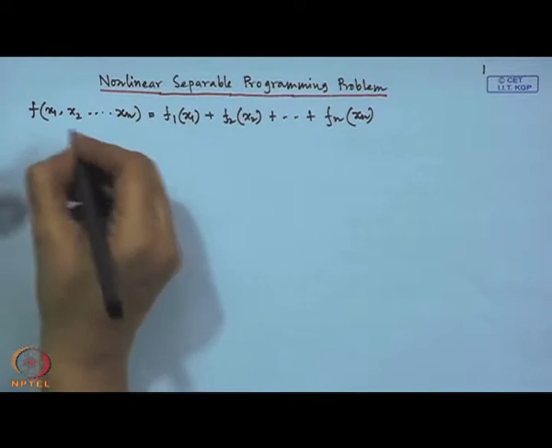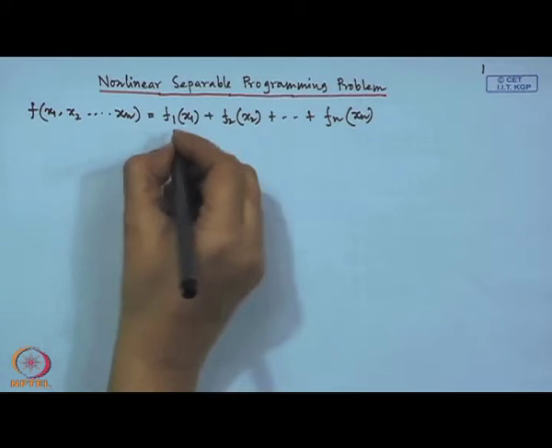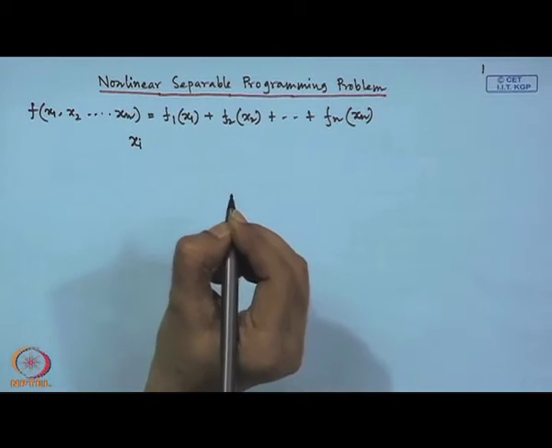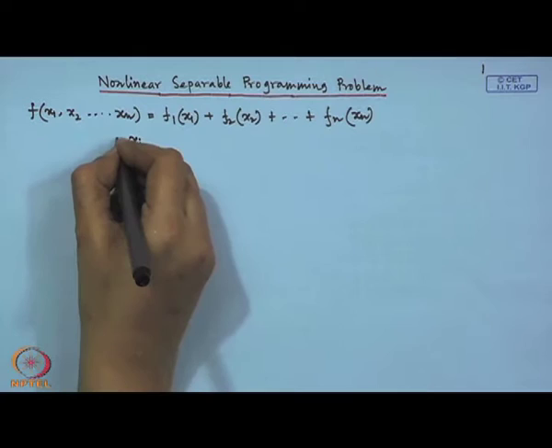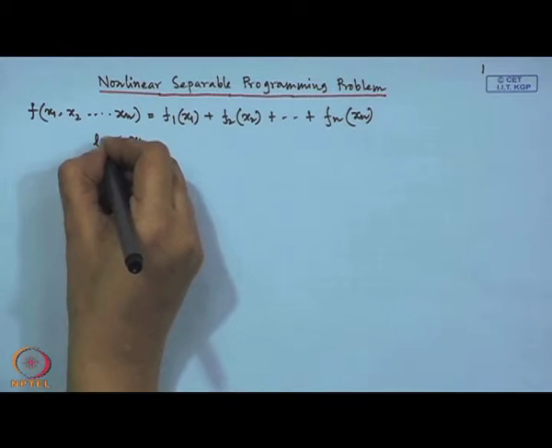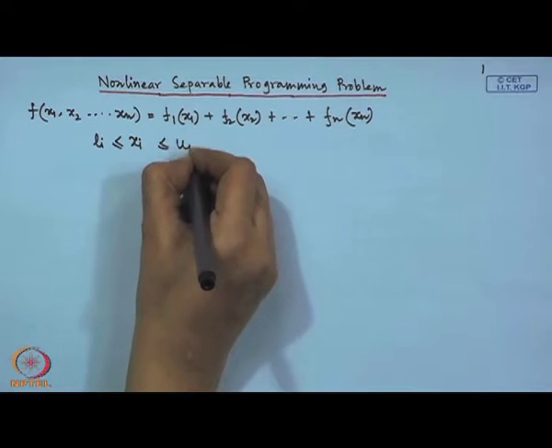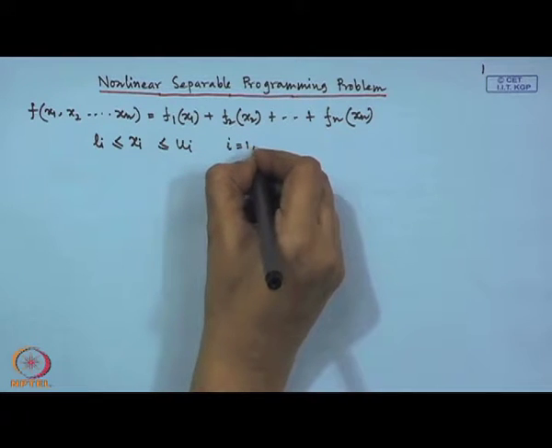For solving the linear programming problem, we have the simplex algorithm, and with restricted conditions we can use the simplex algorithm for handling the separable programming problem. One thing is needed for the solution: for each decision variable xi, we should have a lower bound and an upper bound, where i is equal to 1 to n.